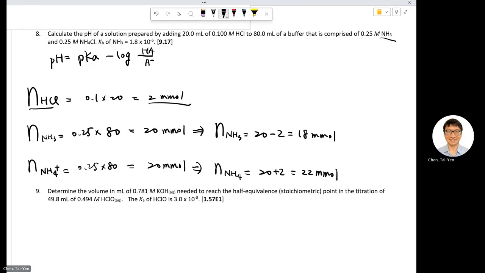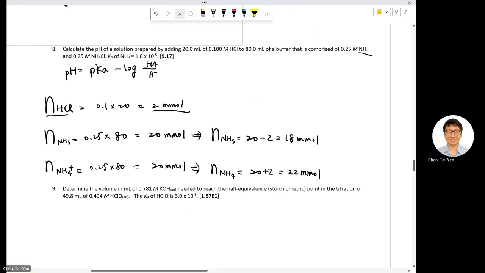Okay. So this is something that you need to get used to. When you add a strong acid into a buffer, your weak base will be consumed partially, and its conjugate acid will increase by a certain amount. So these are the things that you need to know.